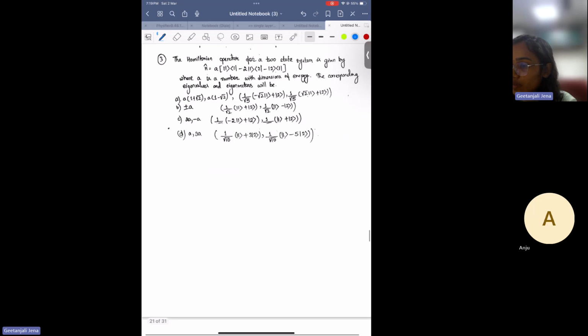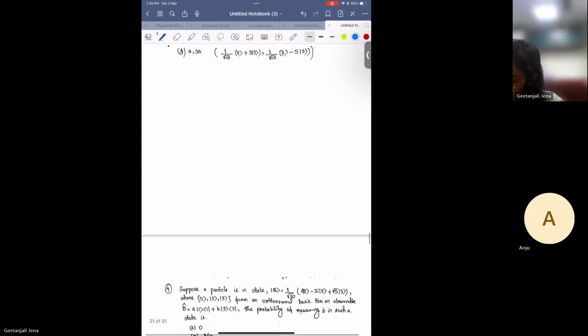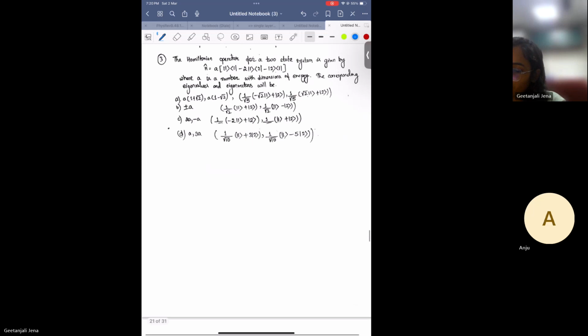Let's see our next problem. The next problem is also based on eigenvalues and eigenvectors. Options are also given, and you can see the eigenvalues are different in each of these options.